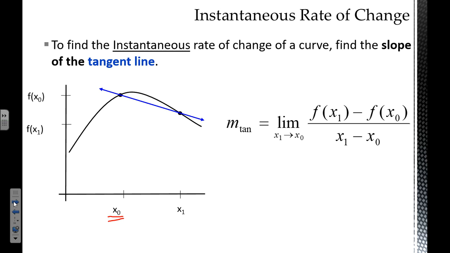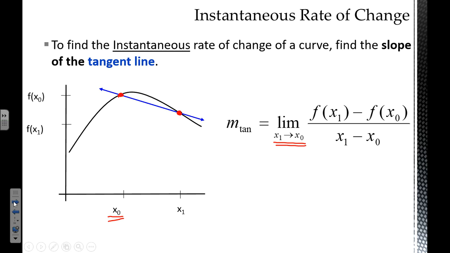So here is x naught right here, and I have drawn a secant line through these two x coordinates. What is this limit saying? As x1 approaches x naught, we're going to bring x1 closer and closer and closer to x naught.